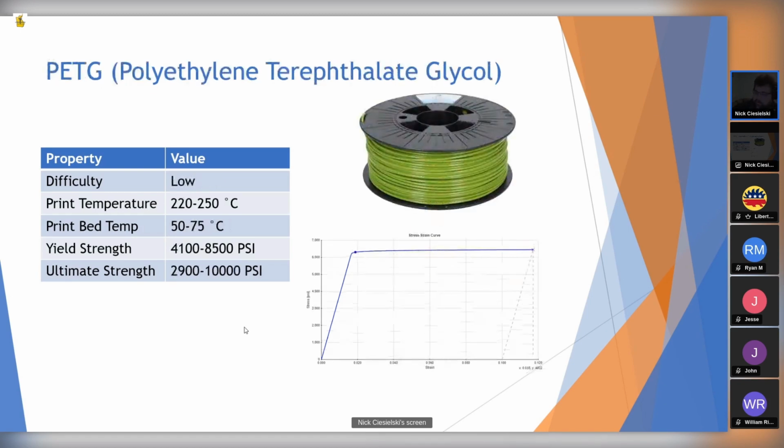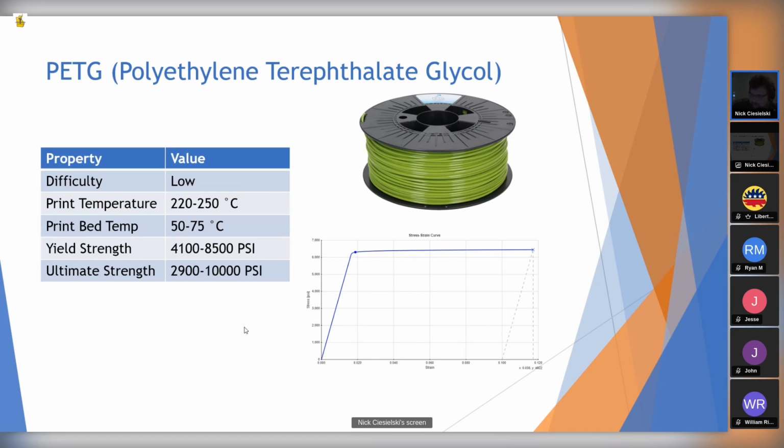PETG. This is also a fairly simple one to print. I've printed it before and had decent luck with it. I'd say it's a little bit stronger than ABS, and PETG technically falls into a food safe plastic, so it could be used for some additional things that you wouldn't want to use PLA for.